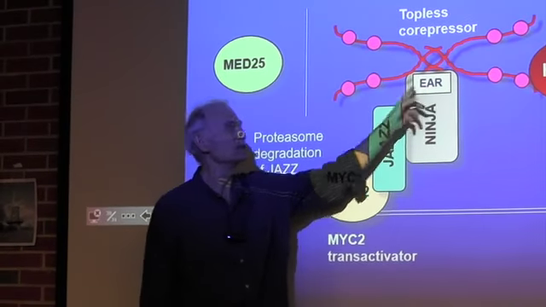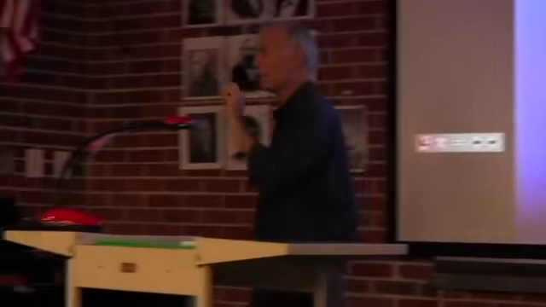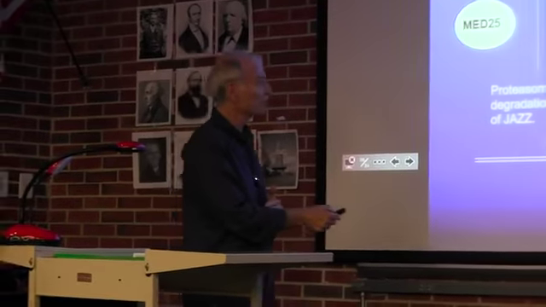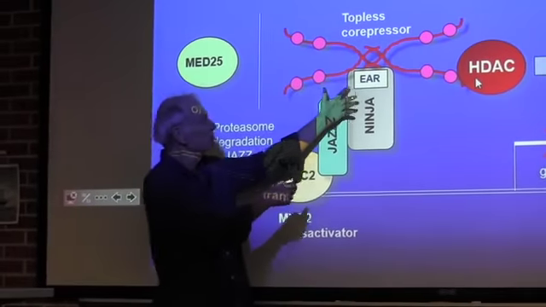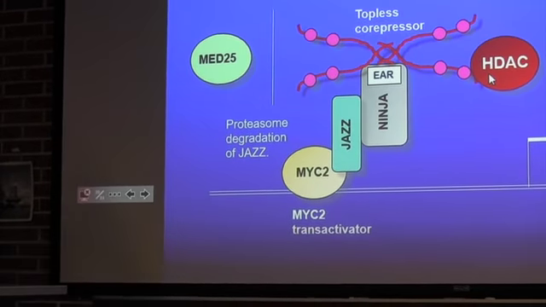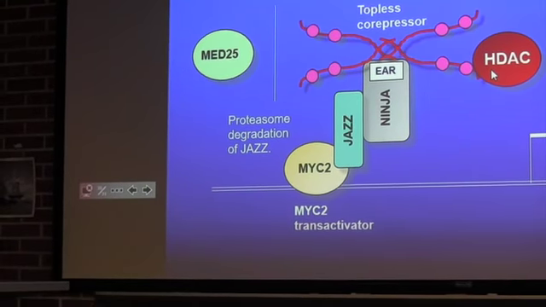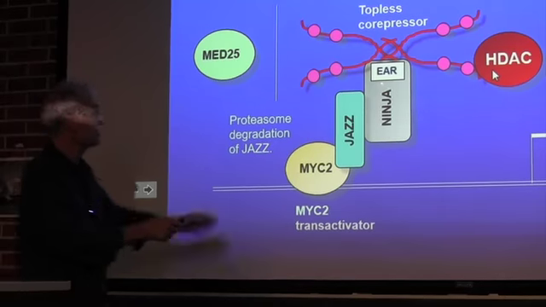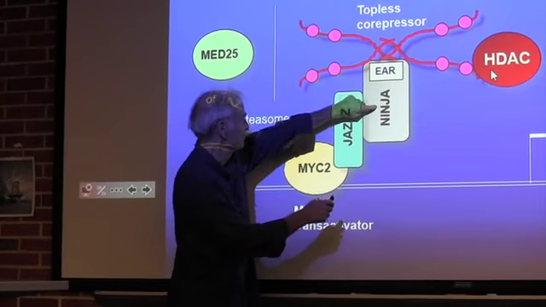But the EAR motif is a vital part in this cascade of proteins that bring a co-activator complex to a nucleus. And of course, you can just go to proteins that have EAR motifs and pick it up, design it, and put it in your protein, and now it doesn't have to be with JAZ and NINJA.